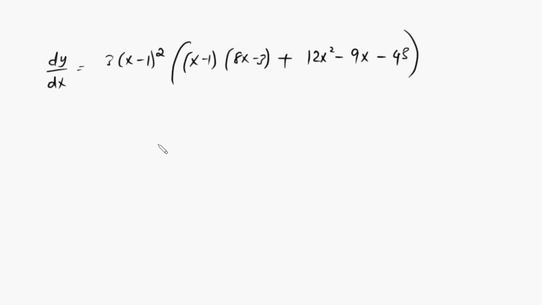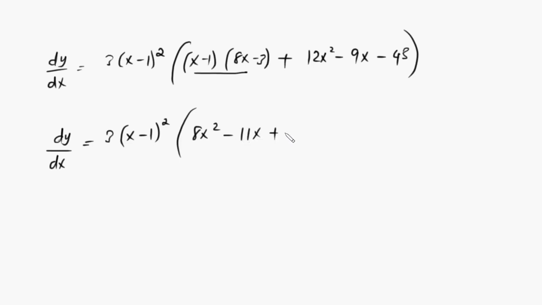Like that, okay? So, huku ndani hii naona nitabidi ni expand ili niweze kujumlisha, okay? So my dy/dx is equal to 3(x minus 1) squared. So x times 8x napata 8x squared minus 11x plus 3.